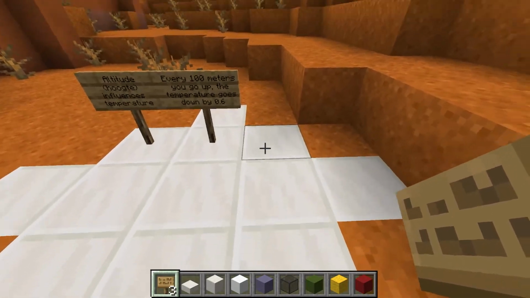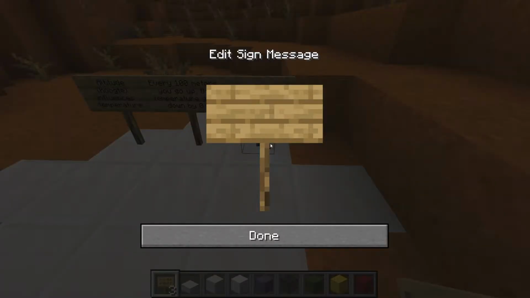So imagine on 200 meters above sea level, it is 10 degrees Celsius. Then on 300 meters above sea level, it cools down 0.6. So it will be 9.4 degrees Celsius.